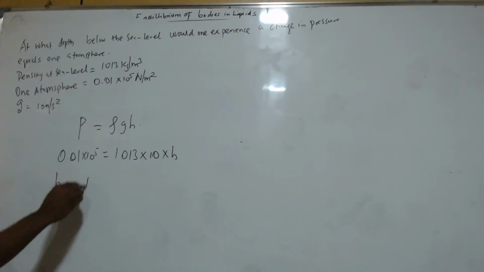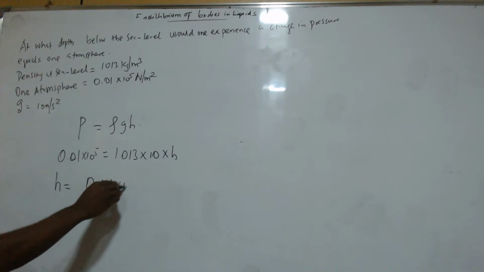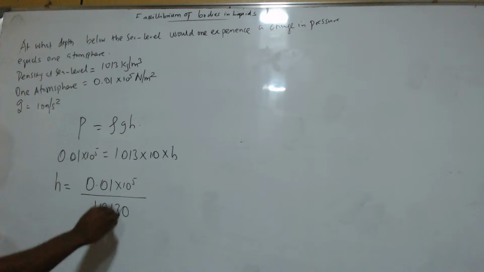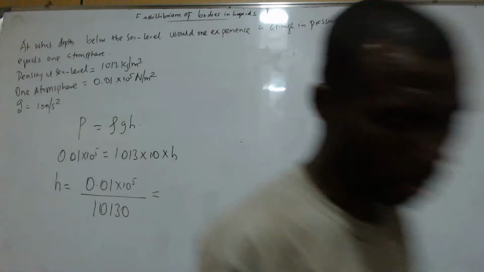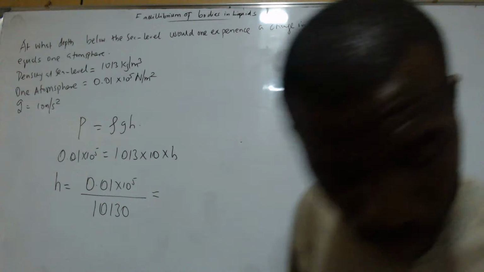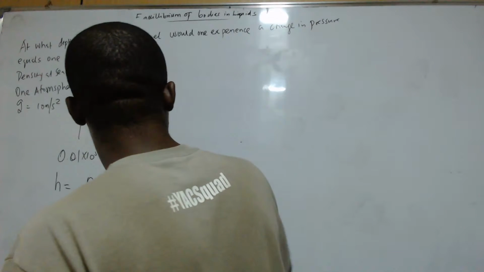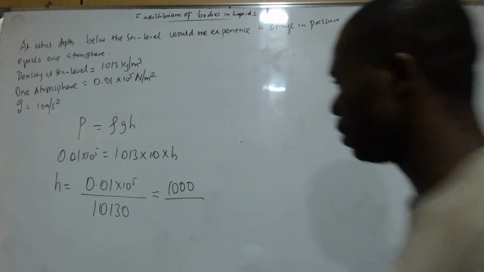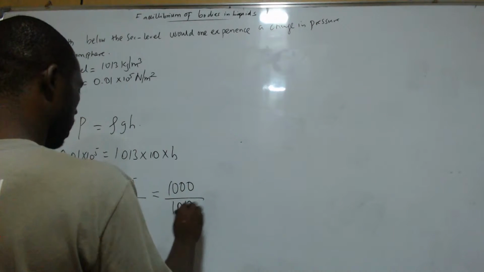So h will be 0.01 times 10 to the power 5 all over 1013 times 10. 0.01 exponent 5 is 1000, all over 1013 times 10, which is 10130.